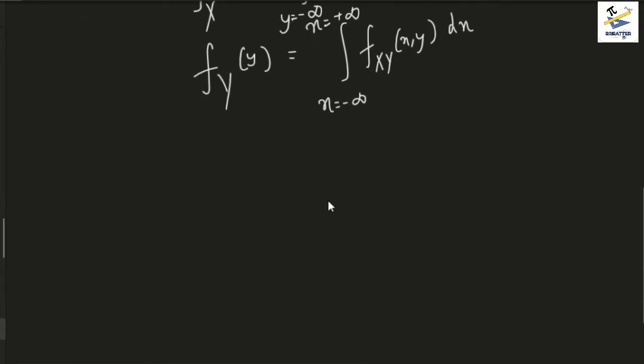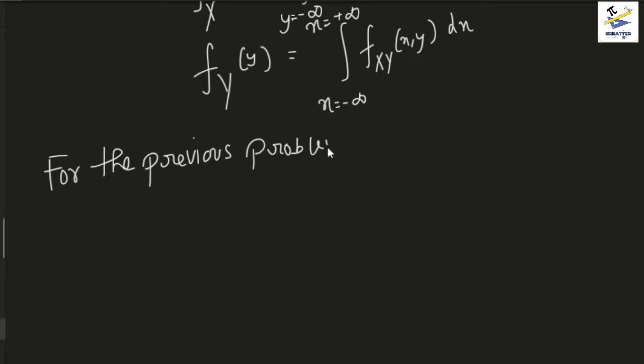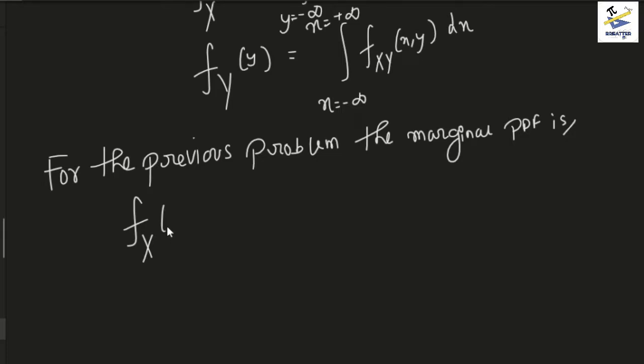So let us find out the marginal PDF for the previous question. Now, to find out the marginal PDF for x, we need to integrate over y, right?